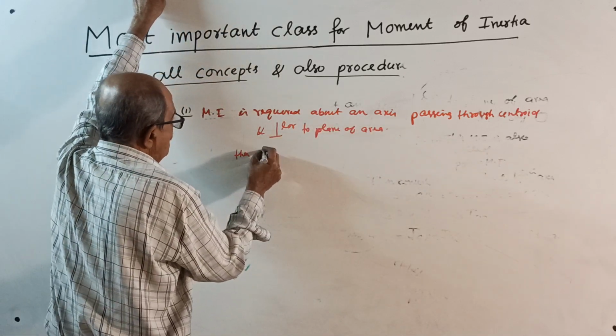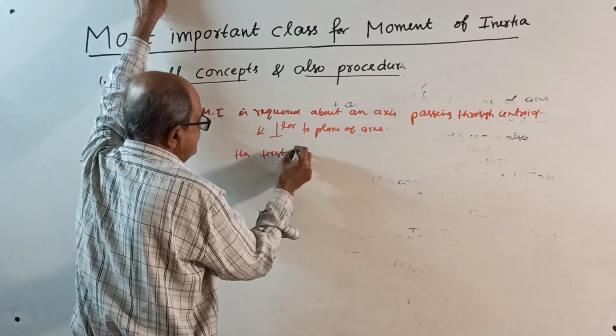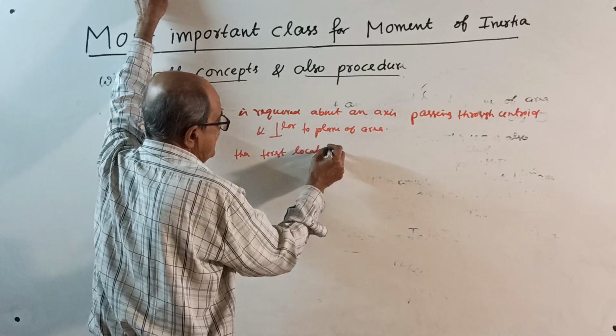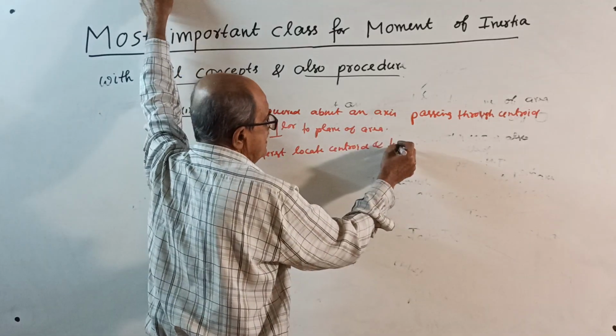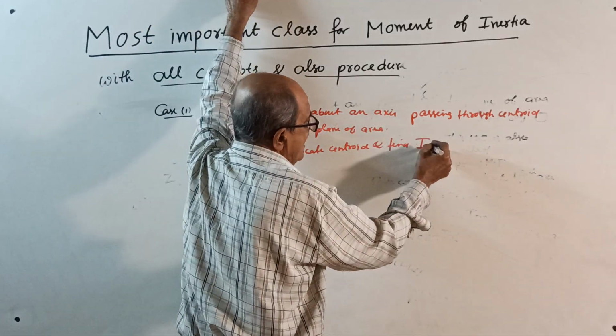Then first locate centroid, and find IXX and IYY.